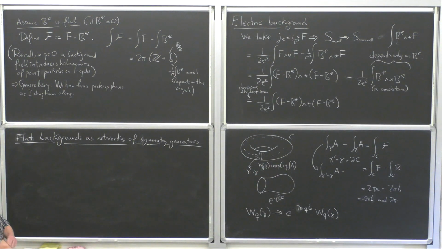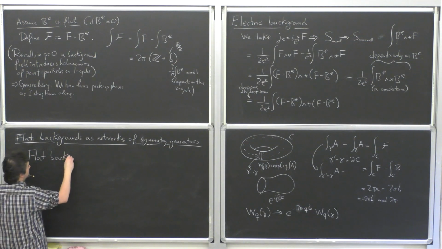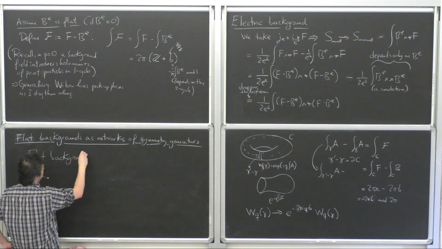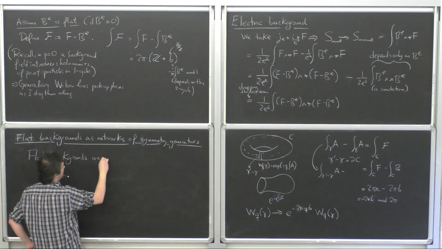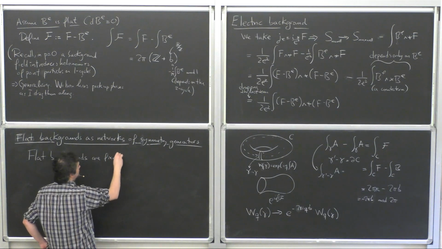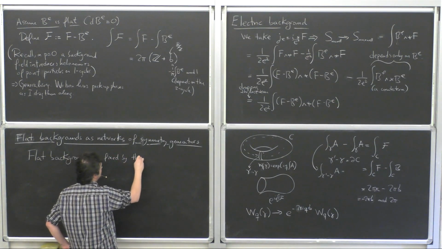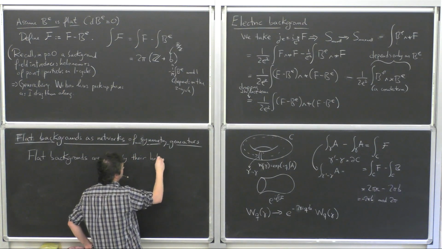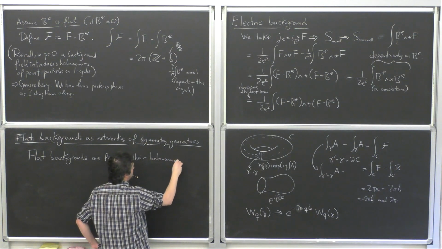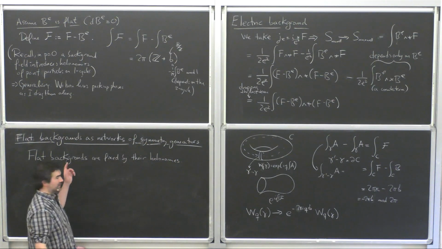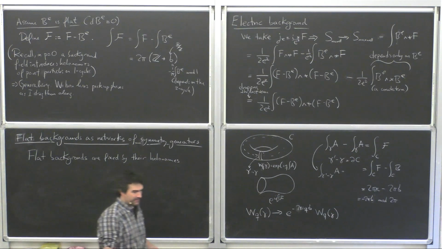Which is the following. Recall something I mentioned a few times already in the course, that flat backgrounds, flat connections, if you want, are fixed by their holonomies. I'm talking about abelian stuff always, so this is a U1 statement.